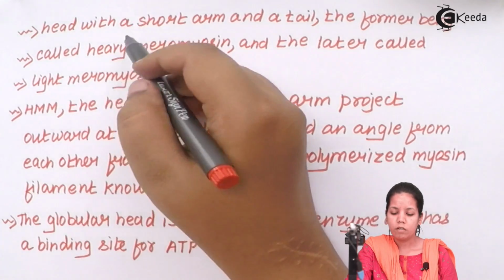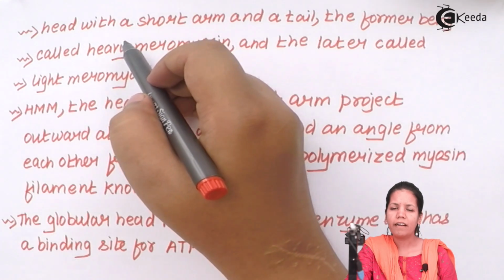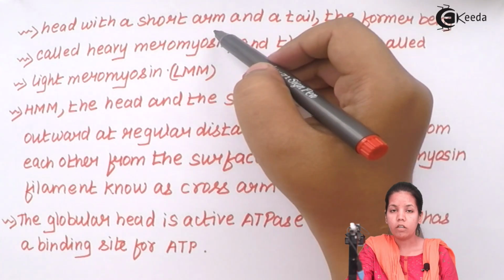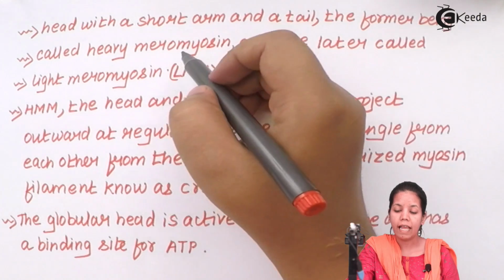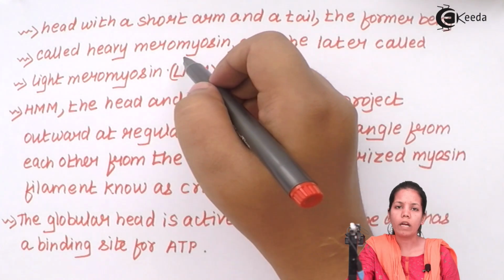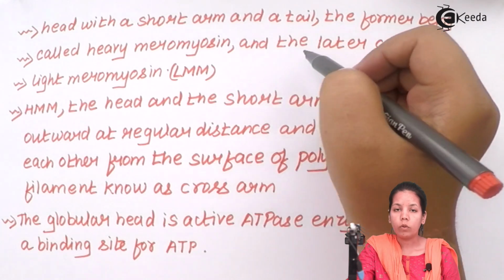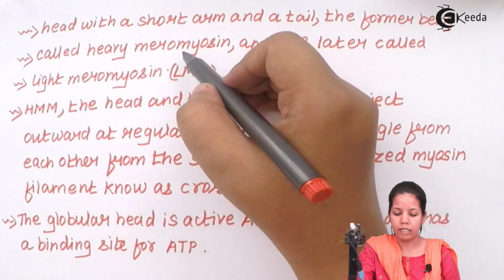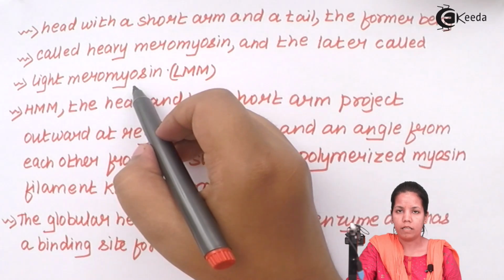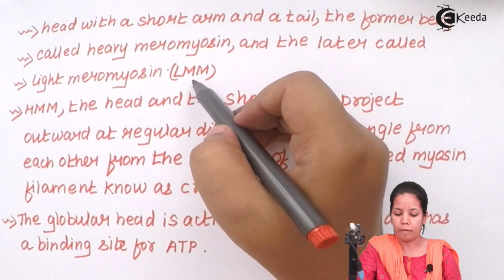If we observe, the head region comes with a shorter arm and a tail, the former being called heavy meromyosin or HMM. So there are two parts: HMM, the heavy meromyosin, and the light meromyosin, which is termed LMM.